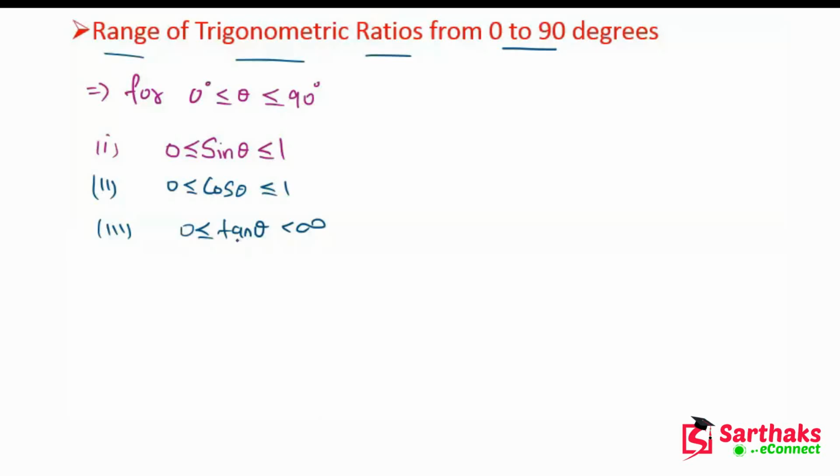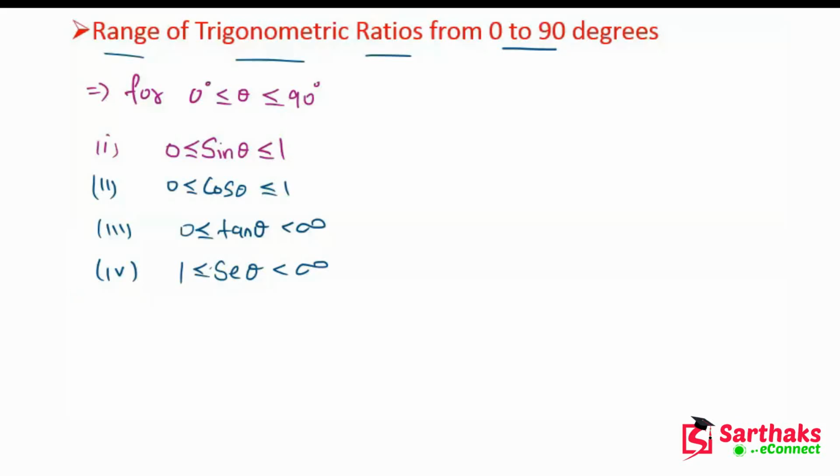Now if we talk about sec theta, the range of sec theta is greater than or equal to 1 but less than infinity, so from 1 to infinity. I hope you understand these things.